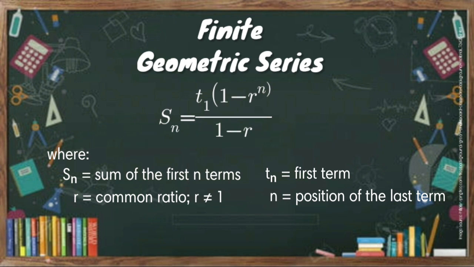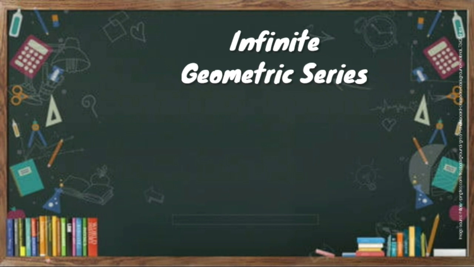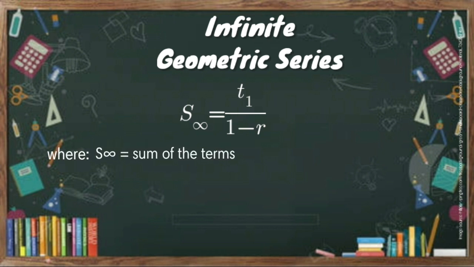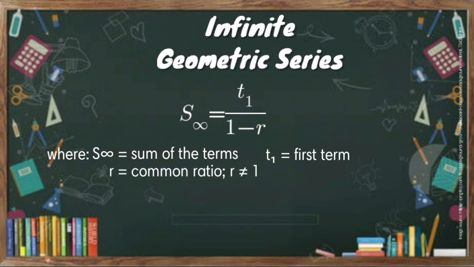While to determine the infinite geometric series, use the formula S sub infinity is equal to t sub 1 divided by 1 minus r, where S sub infinity is the sum of the terms, t sub 1 is the first term, and r is the common ratio, and r is not equal to 1.